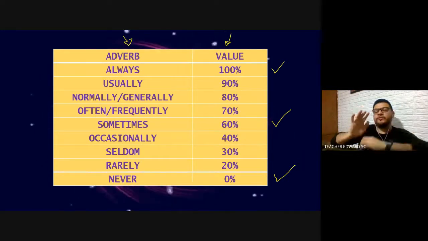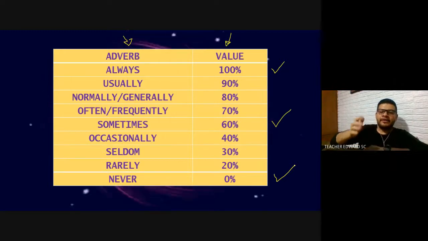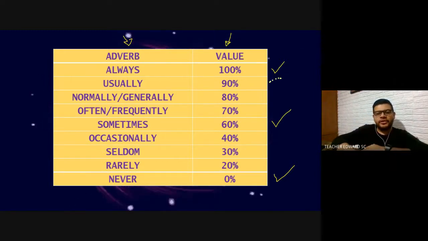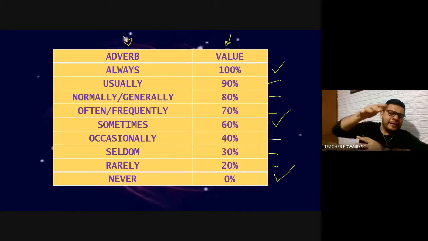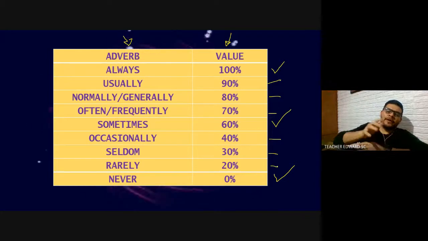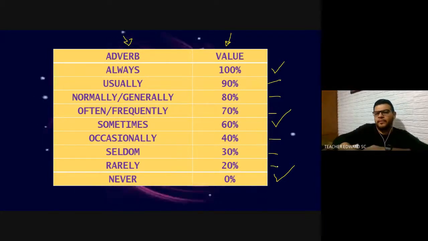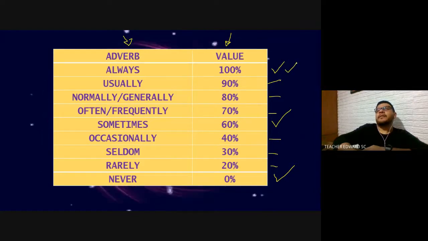These are the only three words that have a translation to Spanish, but the others, no, they cannot be translated to Spanish, but you can decide the frequency of your activities. For example, maybe take a shower is an always, maybe go to sleep is an always.